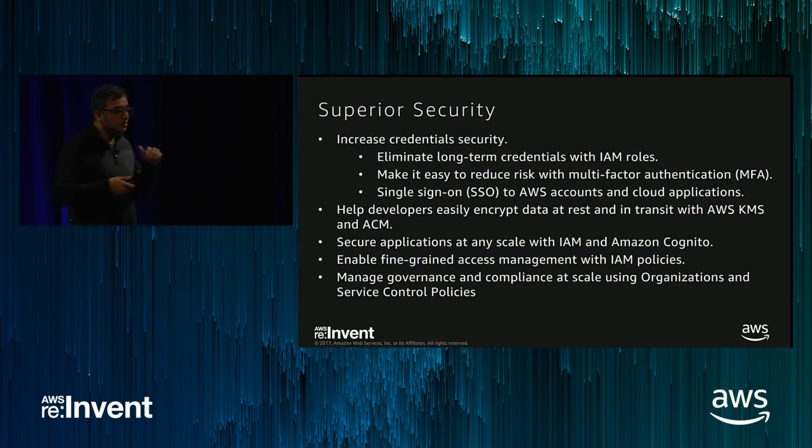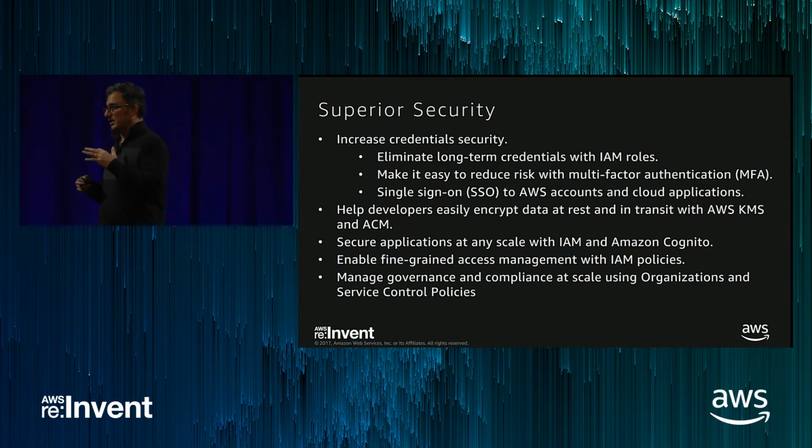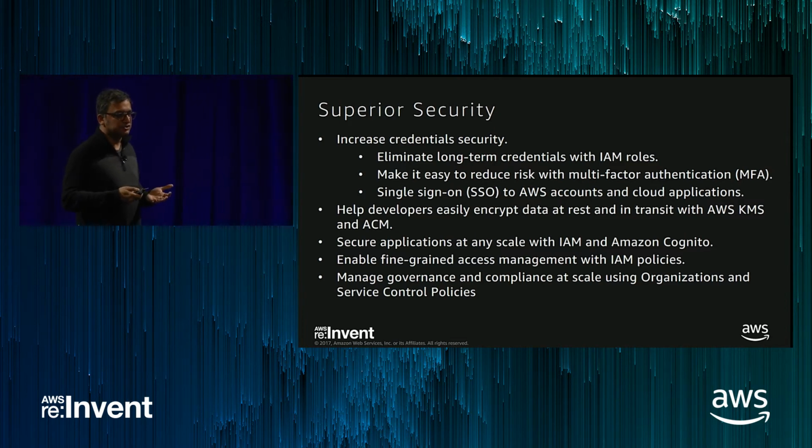And you don't have to embed credentials in your code. The credentials are rotated every hour, and so you definitely won't get embarrassed with having long-term credentials found in your source code. So that's one area where we've taken major strides.